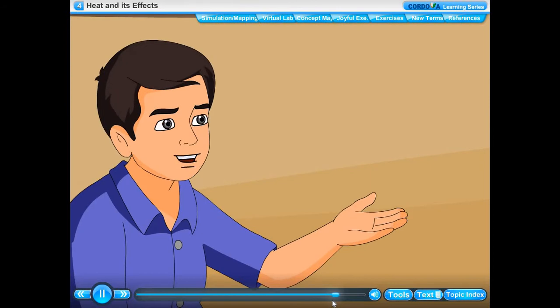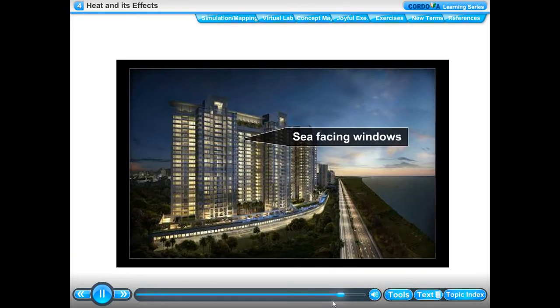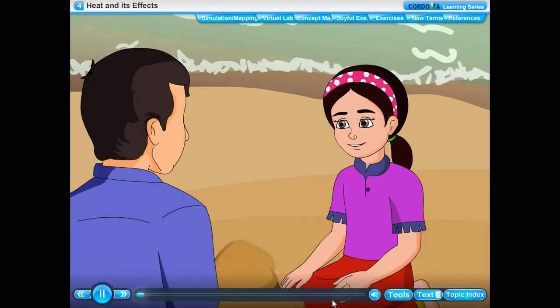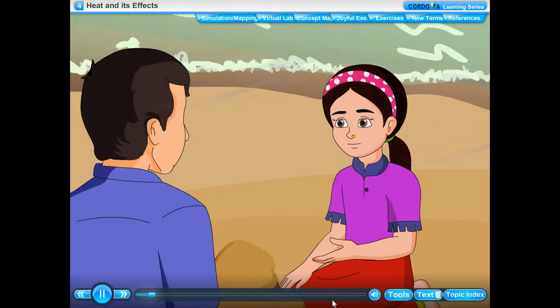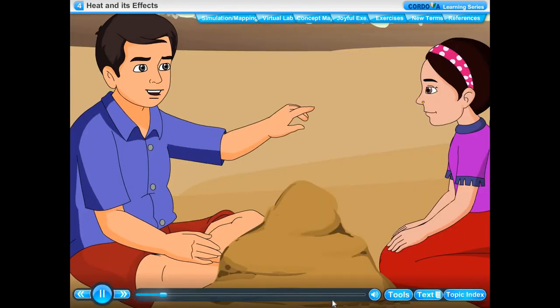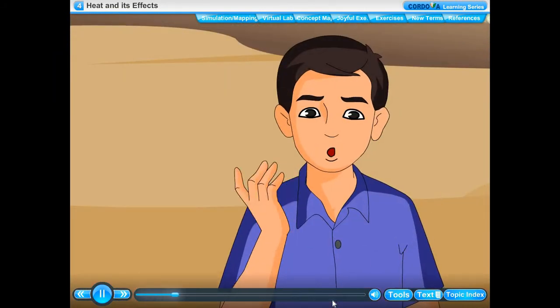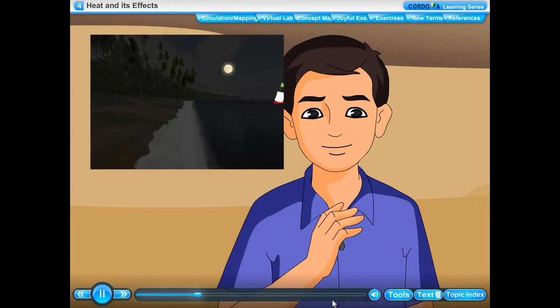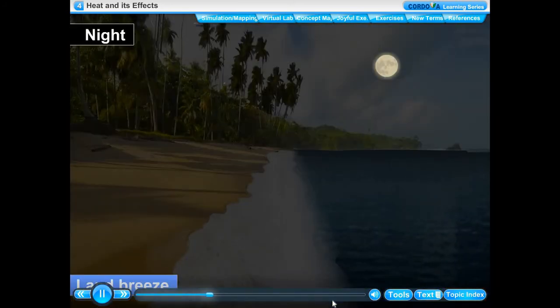Yes, you see, the windows of the houses in coastal areas are made to face the sea to receive the cool sea breeze. What causes the land breeze? Land loses heat faster than the sea. At night, the land cools more quickly than the seawater.